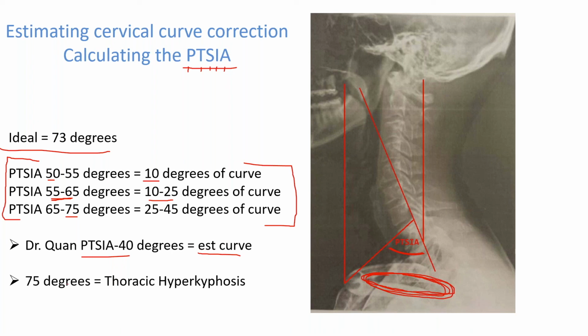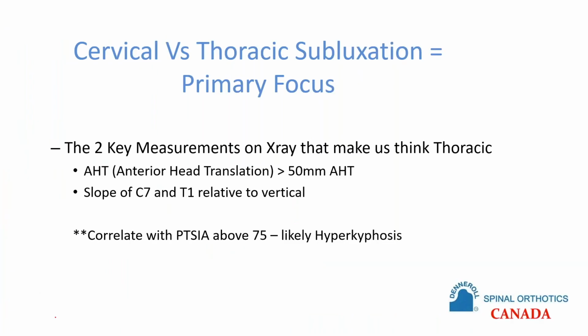patient. If the pizza is above 75 degrees, we're thinking thoracic hyperkyphosis, right? And if that pizza angle is above 75 degrees, we're going to be looking at these two measurements, large anterior head translation and the slope of C7 and T1 relative to vertical, right?